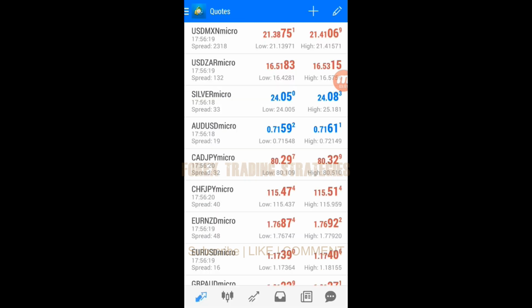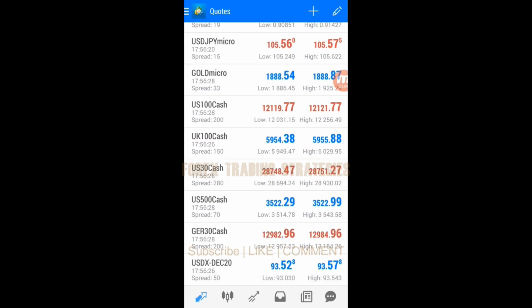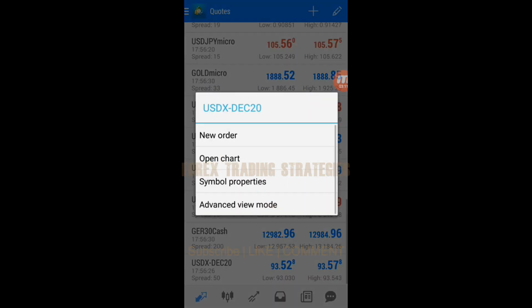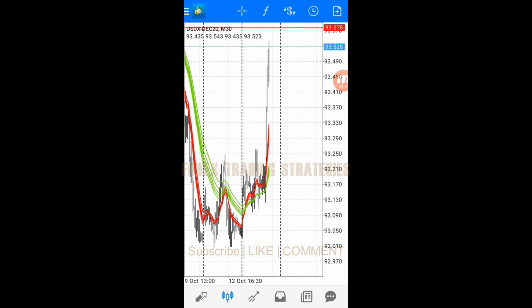My broker, the links are in the description box below. This is XM. You look for what's called USDX. I've seen some brokers call it USDXY. Basically it's the US dollar index, so look at what your broker calls the US dollar index.